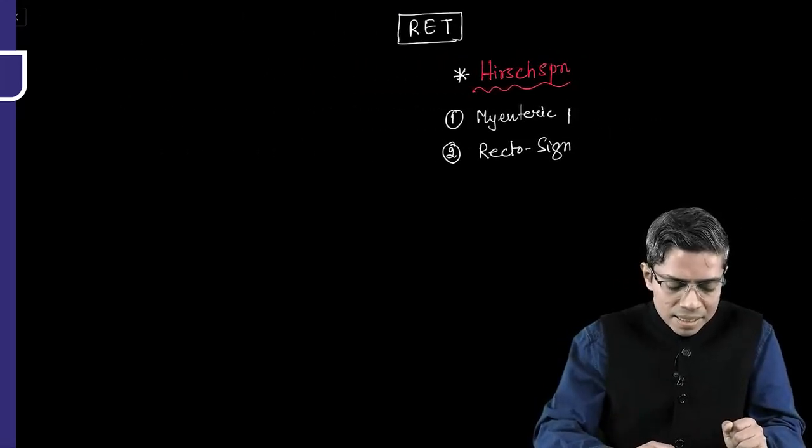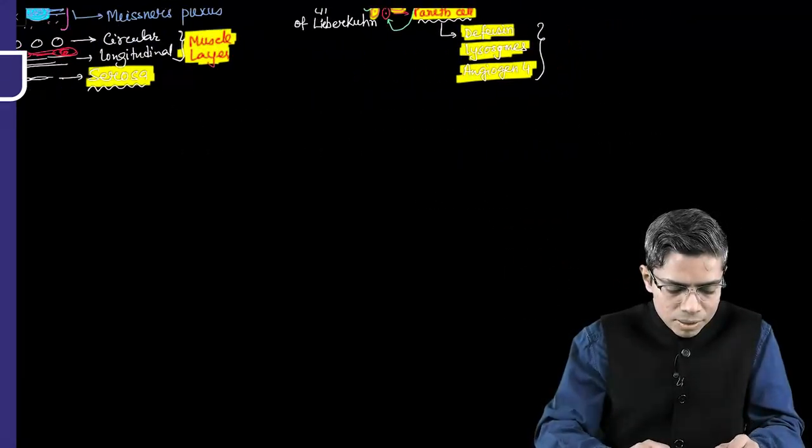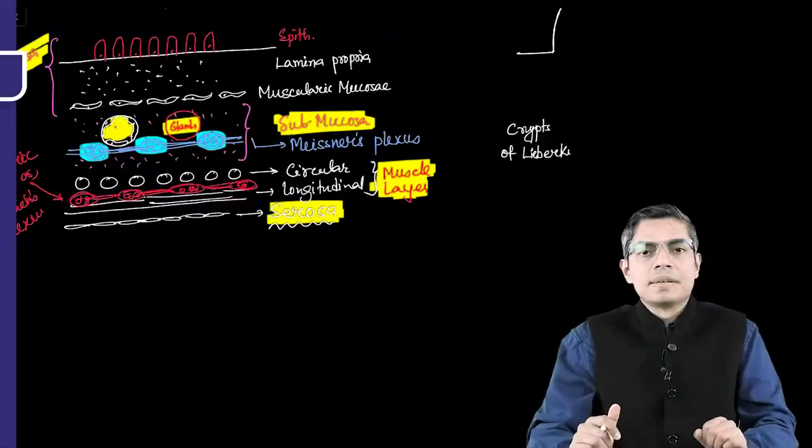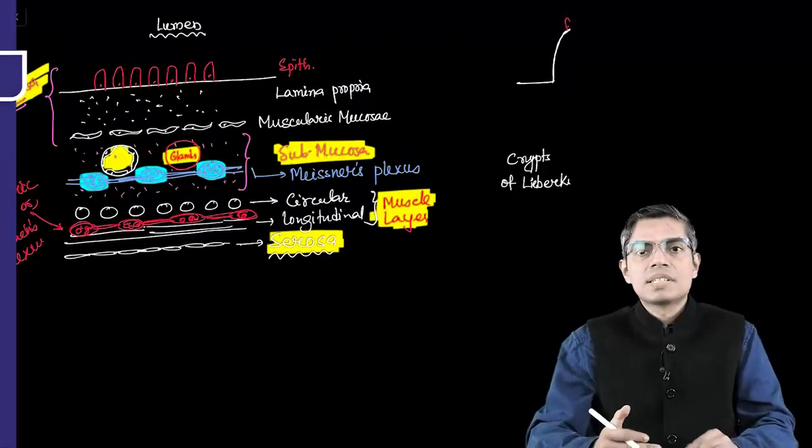Now, apart from the enteric nervous system, we are again going to look at this structure, and we have to understand that the GIT is an open system.